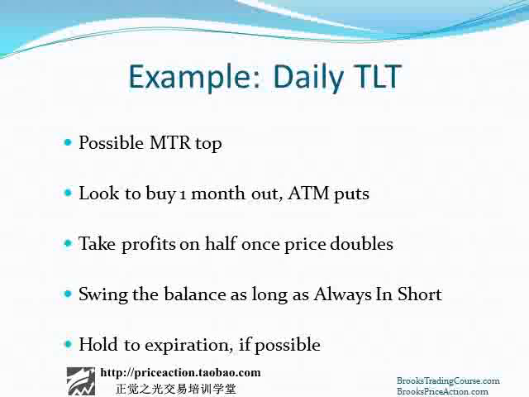Let's say you have a possible major trend reversal. At a top, you could look to buy 1 month out at the money puts. Once the price of the puts doubles, you can take half off, and then you could swing the balance as long as the TLT chart remains always in short, and you can hold until expiration if your thesis is still correct, that the market is still always in short.